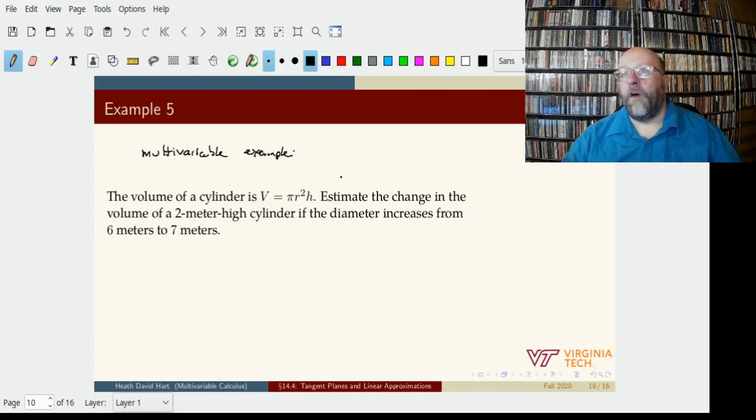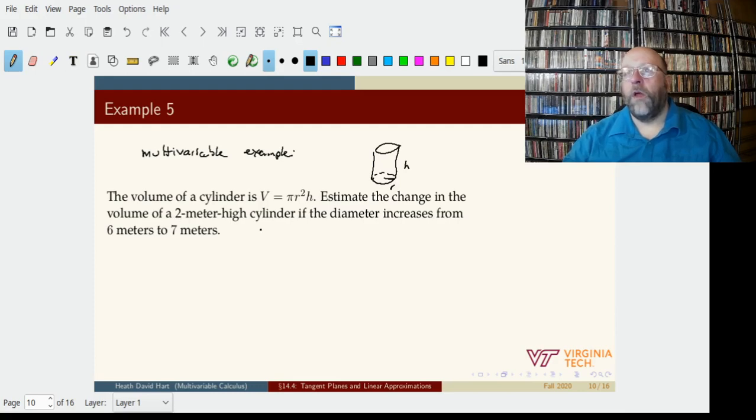The volume of a cylinder is, and we're talking in this case about a circular cylinder, pi r squared h. So the volume depends on the radius and the height. Estimate the change in the volume of a 2-meter high cylinder.